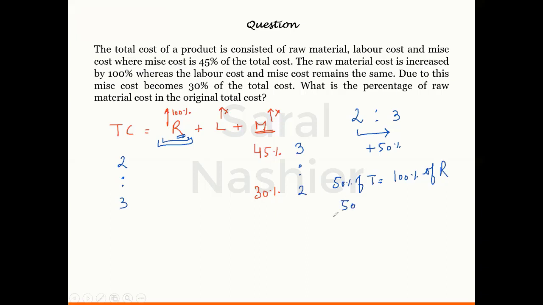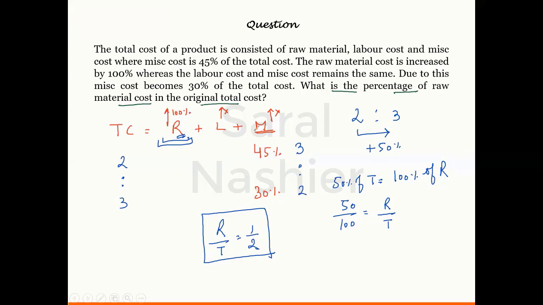Or we can also say 50 divided by 100 is equal to R divided by T, or you can say raw material cost is half of the total cost. Raw material cost is half of the total cost, and this is exactly what the question is asking you. What is the percentage of raw material cost in the original total cost? So my answer would be 50%, because the raw material cost is 50% of the total cost.